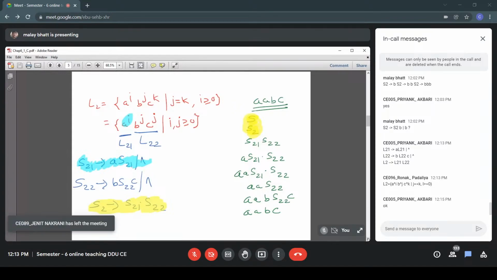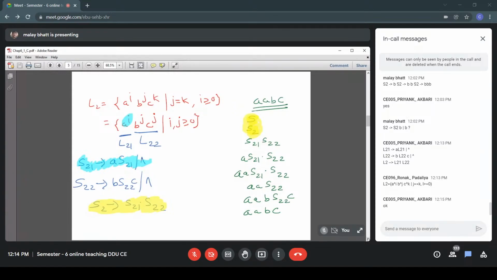So as you can see here, to derive this particular pattern, AABC, we have to select B and C equal. We are selecting the path S gives S2 because it is considering J equal to K. So we write S21 S22, a concatenation of two languages.